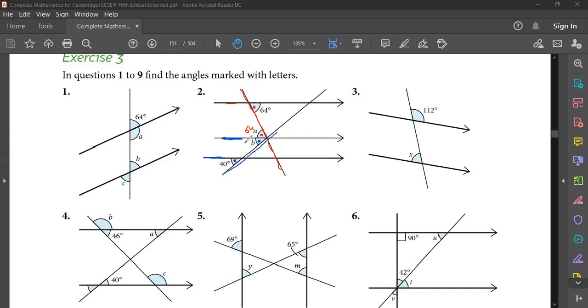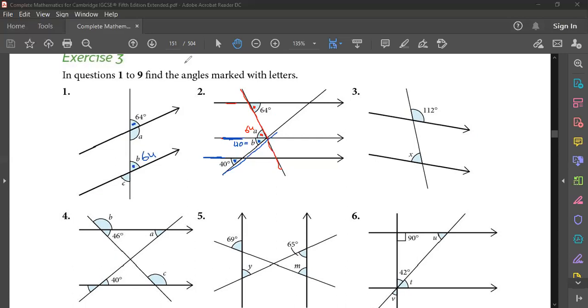So what is the value of B? 40. Corresponding angles are equal, one above and one below. Look at question number 1, 64 and B, as Hashem said, corresponding. So that's a 64.